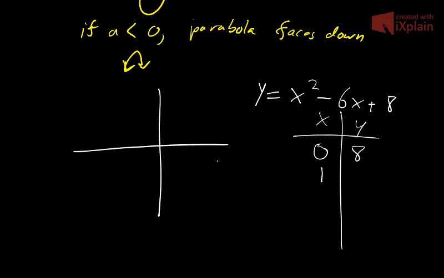If I plug in a 1 for x, 1 squared is 1, minus 6 is negative 5, and negative 5 plus 8 is 3. If I plug in a 2, I get 4 minus 12, which is negative 8, plus 8 is going to be 0. If I plug in a 3, I'll get 3 squared is 9, minus 18 is negative 9, plus 8 is negative 1.